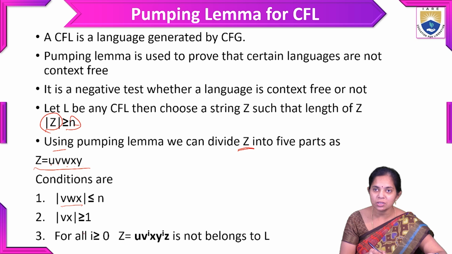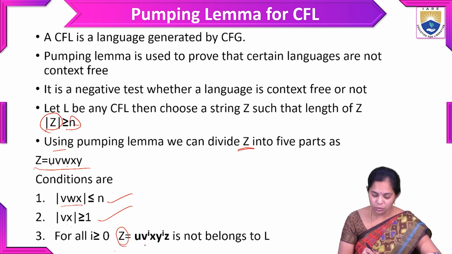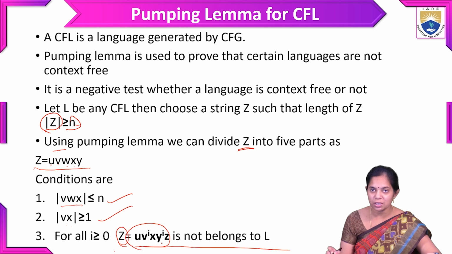So what are the conditions? The modulus of V W X is less than or equal to N, and the modulus of V X is greater than or equal to 1, and for all i greater than or equal to 0, U V^i W X^i Y is in the language. The string is divided into 5 parts, and we give the pumping value i some value.